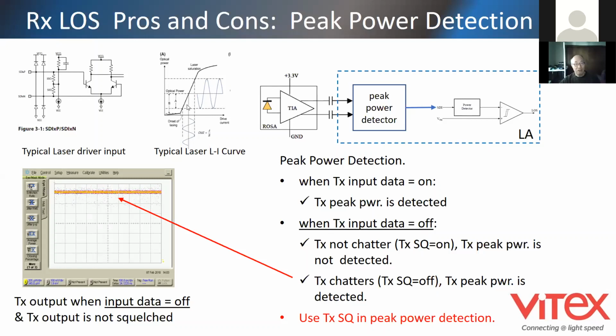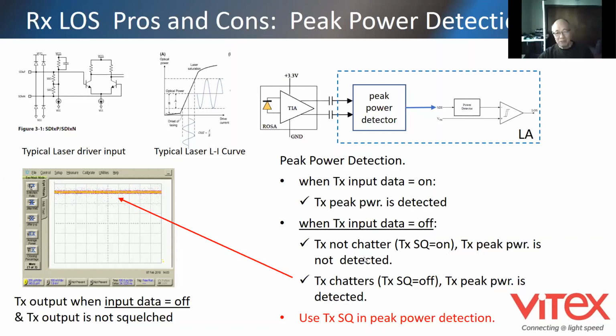However, something happened. There are two scenarios when the transmitter power is off. One is that the transmitter is not chattering, that means there's no noise on the transmitter power when the squelch is on.